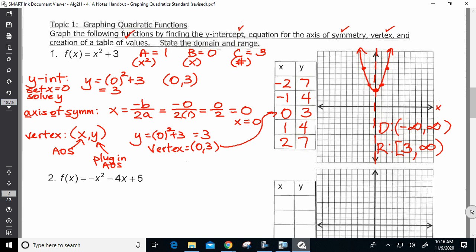The domain is negative infinity to positive infinity. That never changes regardless of what kind of function you have. Those are infinity signs. So all quadratic functions are negative infinity to positive infinity for the domain. Any other questions? Example 1.